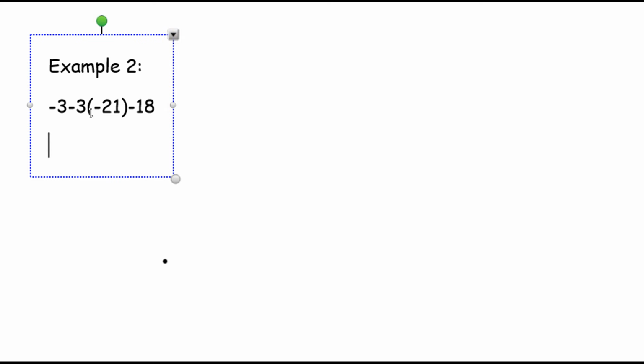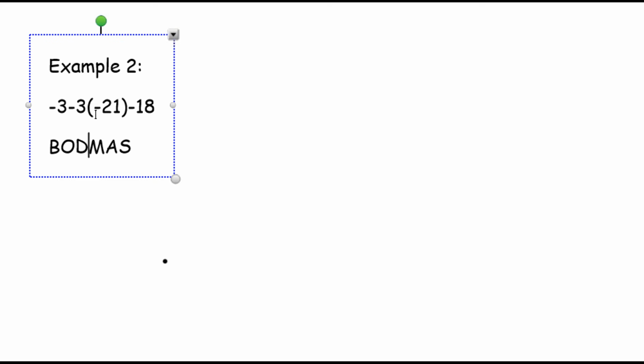Now how can we go about this? We will not forget our BODMAS. Our BODMAS says brackets, of, division, multiplication, addition, subtraction. So you follow this order. Now in this problem we have brackets, so we need to remove the bracket.